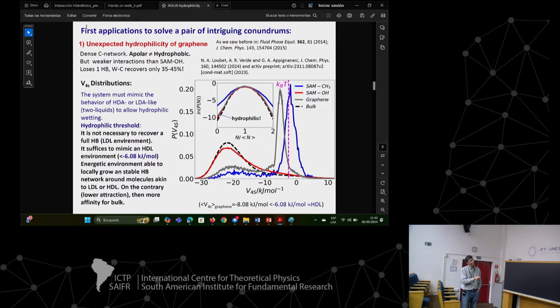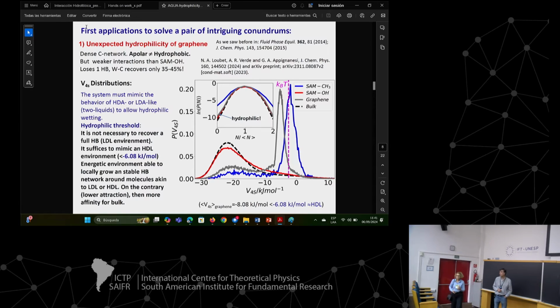This one is ended in methyl, so it is hydrophobic, and this one is ended in hydroxyls, so it is hydrophilic. And this is what you get when you look at the density fluctuations, or the probability of cavity creation. This is also bulk water. Bulk water, the hydrophilic SAM, graphene is pretty close, and then the hydrophobic SAM. So graphene is behaving in a quite hydrophilic manner.